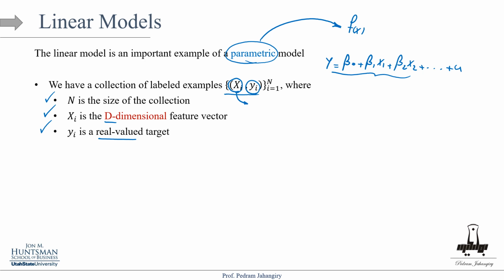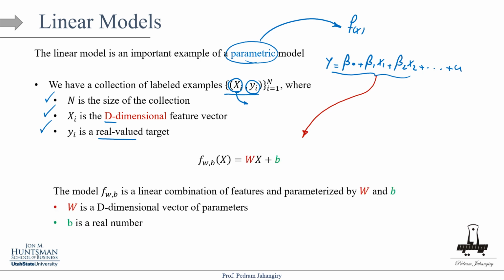Now let's rewrite this simple linear regression model in machine learning terminology. So in machine learning, we show the betas with W, and we call them weights. And this B, which we used to call the intercept in econometrics, in machine learning we tend to call the bias, the constant or the bias term.